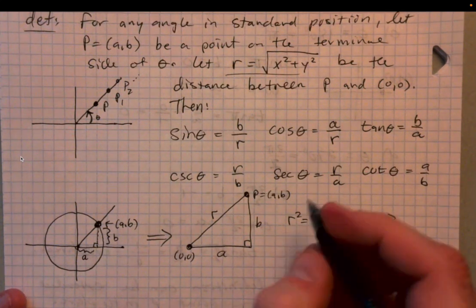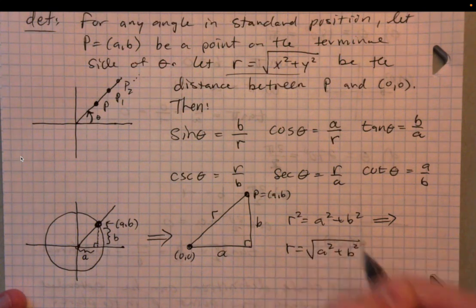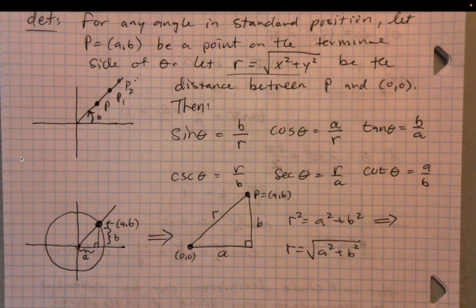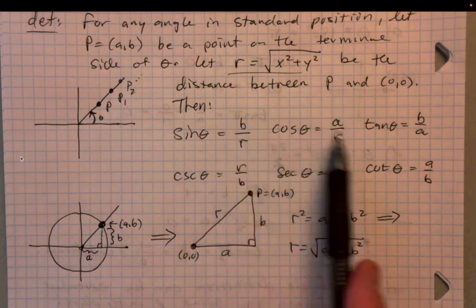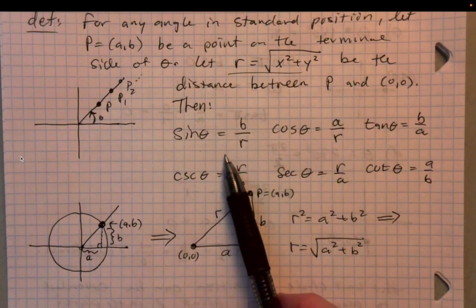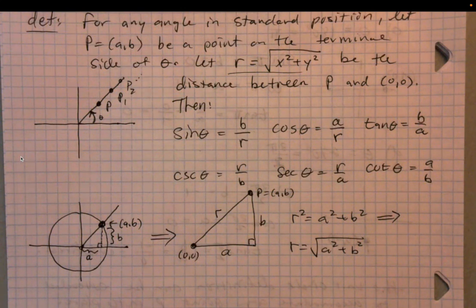And so r is equal to the square root of that sum. That's all r is. It's just the distance. It's how you scale the sine, cosine, cosecant, and secant, given an a and b that's further out off of a unit circle or inside of a unit circle, perhaps really close to the origin. So this r is basically a scale; it scales these functions.